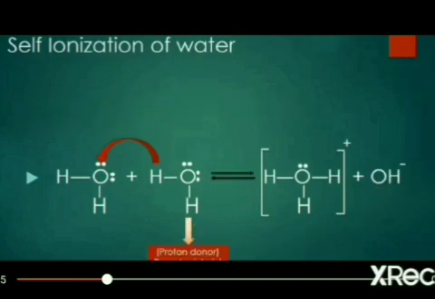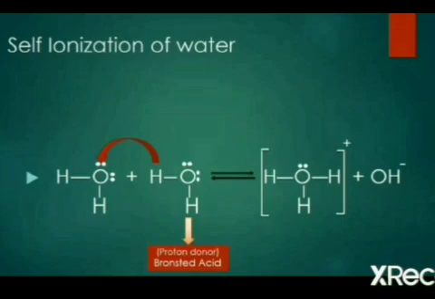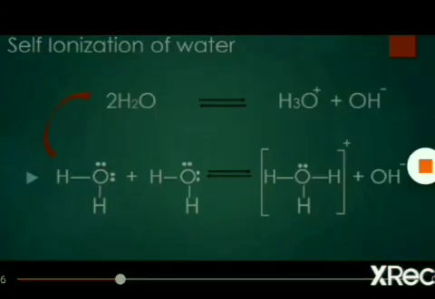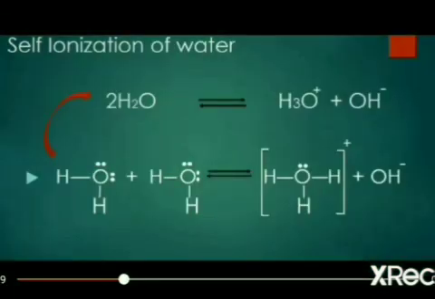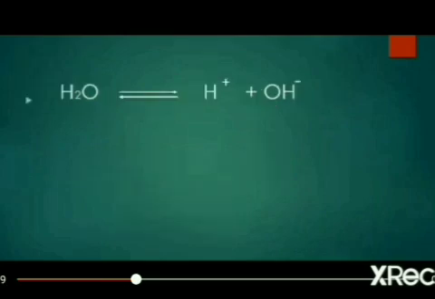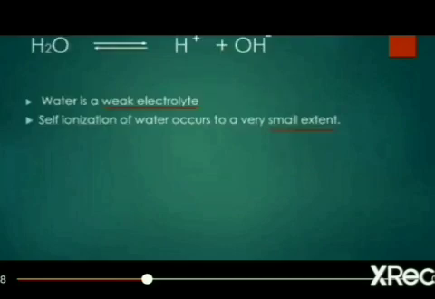This is the proton donor, Bronsted acid, and the other is Bronsted base, proton acceptor. Self-ionization of water can simply be written as two water molecules ionizing to form hydronium ion and OH minus. This is called auto-ionization of water. Simply, one water molecule ionizes and forms H plus and OH minus ions.